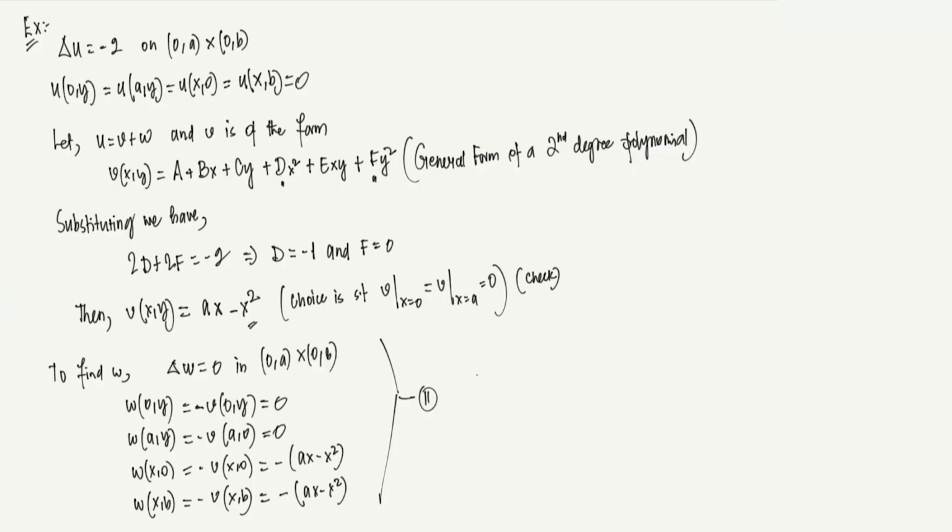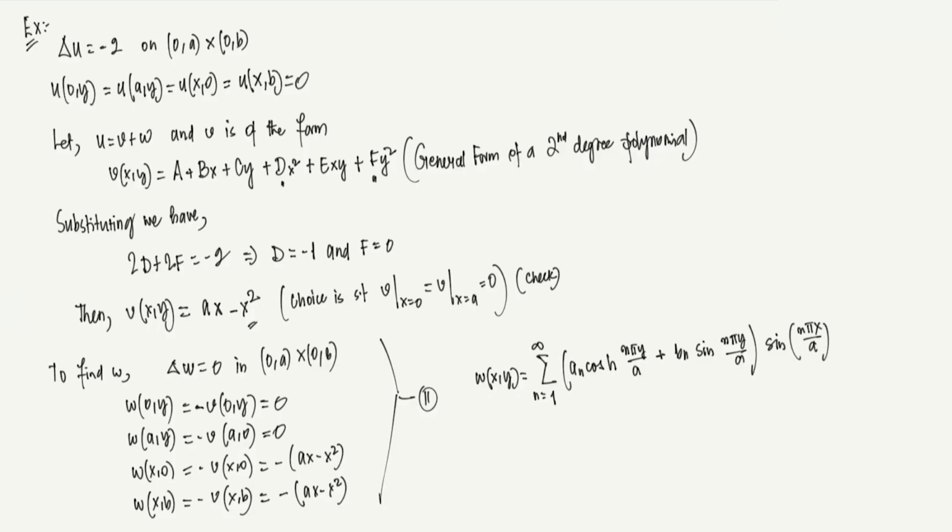So essentially, the solution here will look like this. w of (x,y) will be the summation n equals 1 to infinity of [an cosh(n pi y by a) plus bn sinh(n pi y by a)] times sin(n pi x by a).